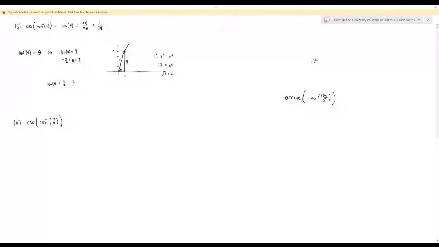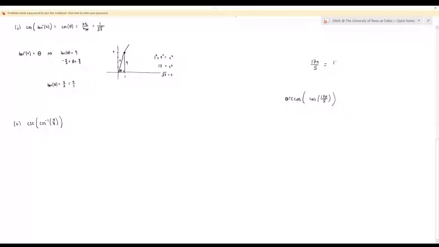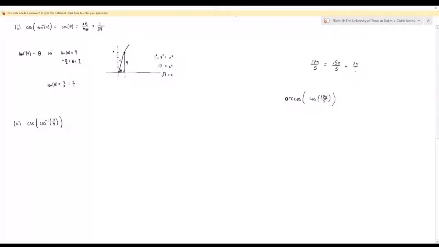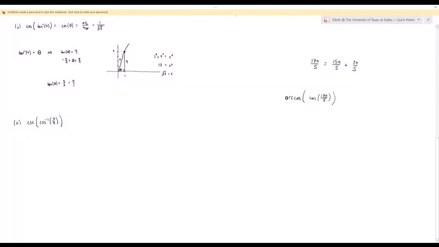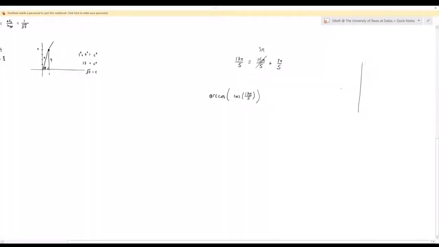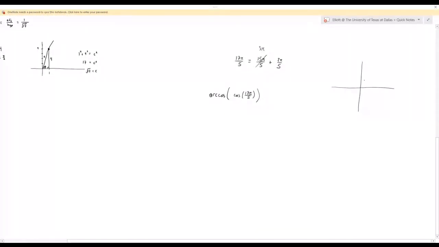So 17 pi over 5 is a little bit more than 15 pi over 5. And I know 15 pi over 5 is just going to be 3 pi. So I'm thinking to myself, where is this angle in the picture?